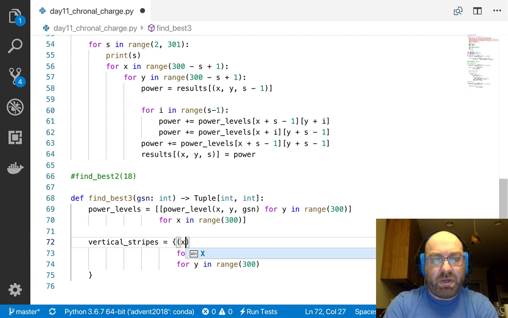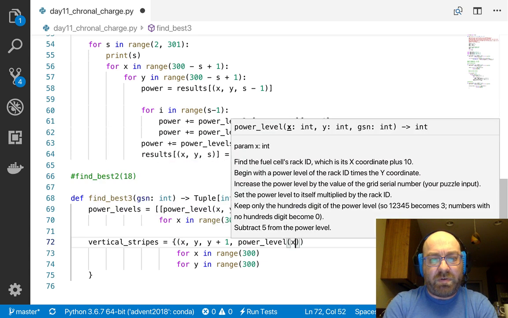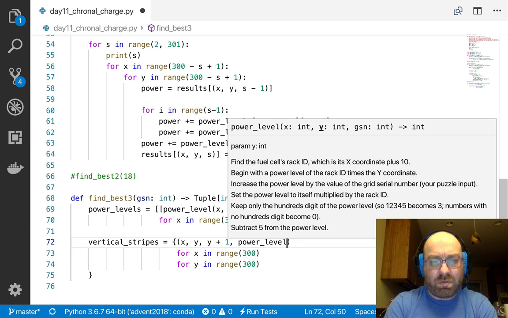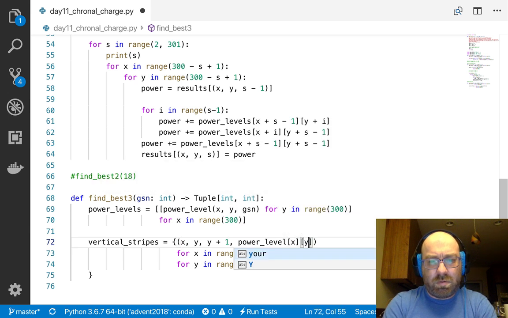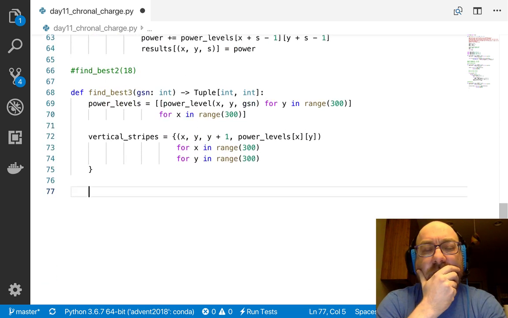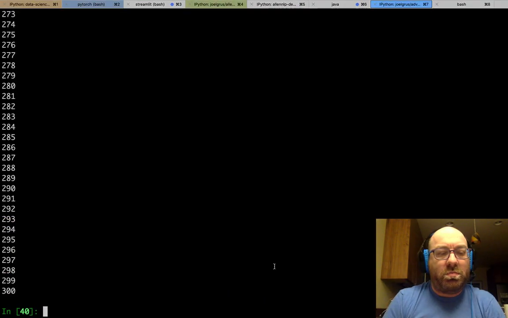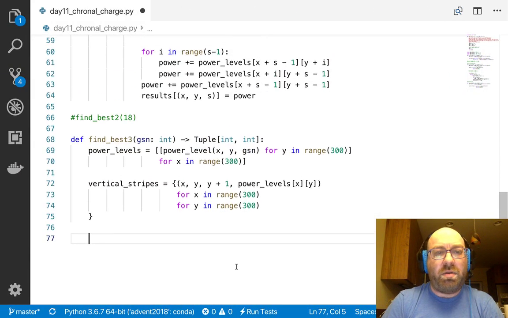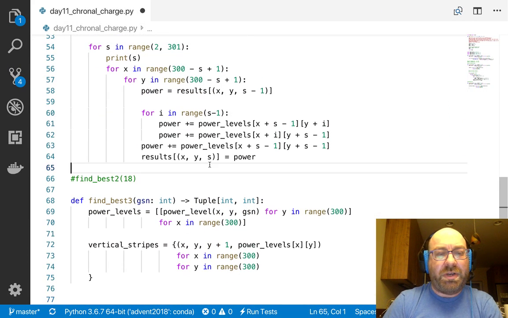So we'll say x, y, y plus 1, and power level xy. So that will give us, again, the vertical stripe. That actually ran. Unfortunately, it didn't do anything.